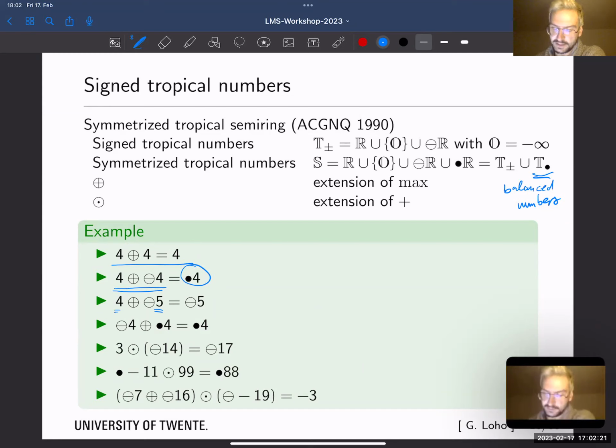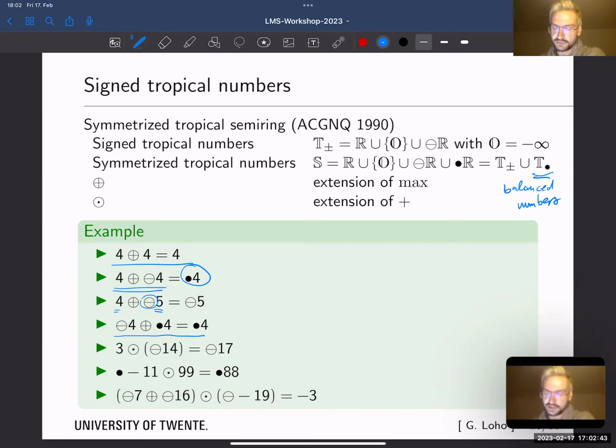So we take the max of 4 and 5. 5 wins, but we take the sign of the 5, which is minus. Again, if we add an already balanced number, then we get a balanced number. So these blown up zeros absorb everything.